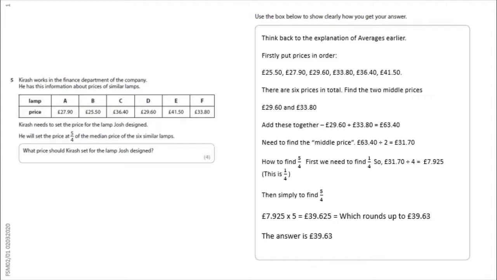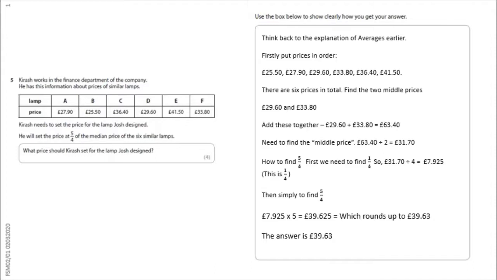Okay, let's think. We discussed averages earlier, didn't we? We discussed the median. It's the one in the middle. So, start off by putting all the prices in order. So we have £25.50 being the lowest, ranging all the way up to £41.50. There are 6 prices in total.